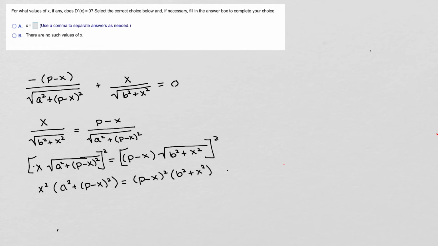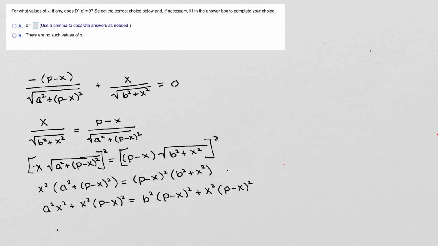Okay. So now I'm going to distribute the x squared on the left side, and I have A squared x squared plus x squared times (P minus X) squared. And on the right-hand side, I'm going to distribute the (P minus X) squared. So that gives me B squared times (P minus X) squared plus x squared times (P minus X) squared.